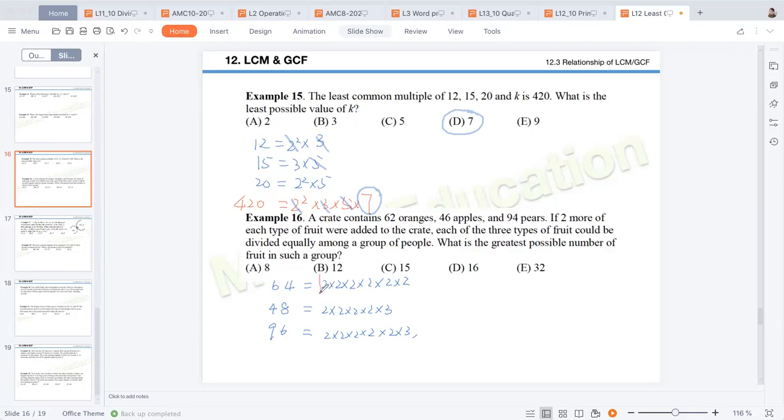I do prime factorization for all of them. So I get the common part is 16. So I need to find the greatest common factor, and the greatest one is 16. Yeah. Thanks for KV.